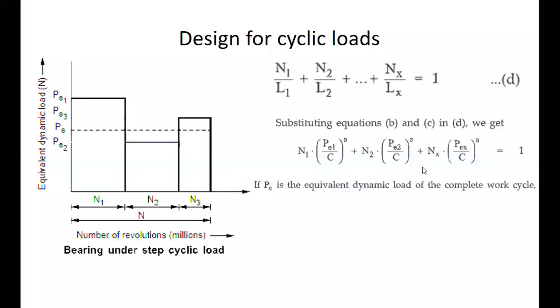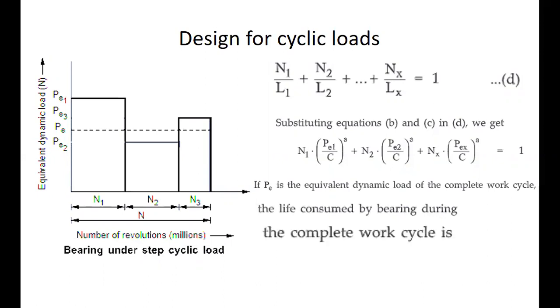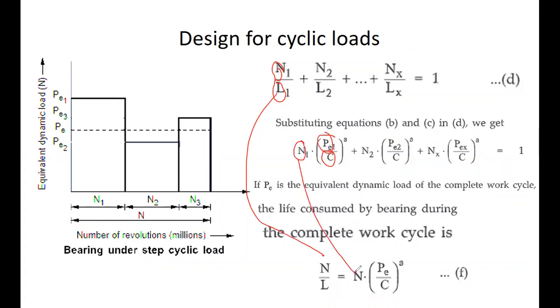If PE is the equivalent dynamic load of the complete work cycle, the life consumed by the bearing during the complete work cycle will be given by this formula, which is N upon L equal to N (PE upon C) raised to a.